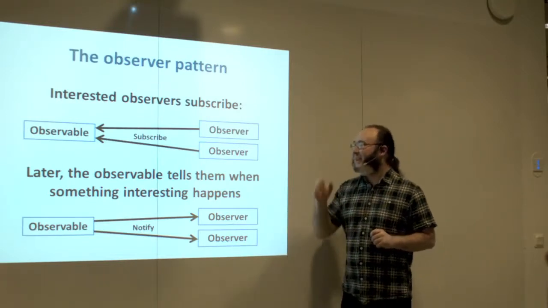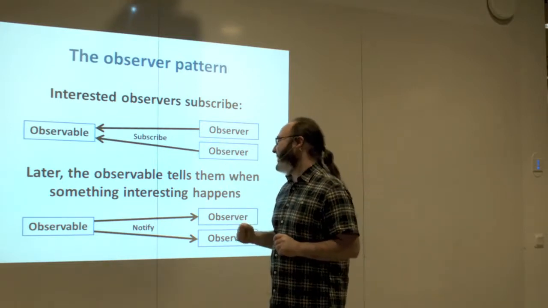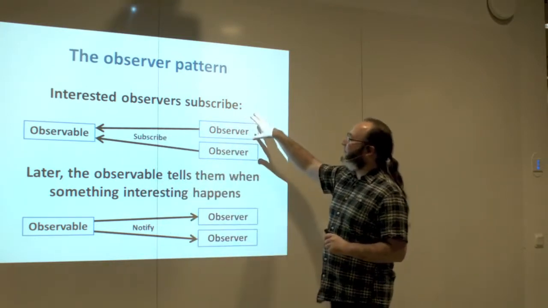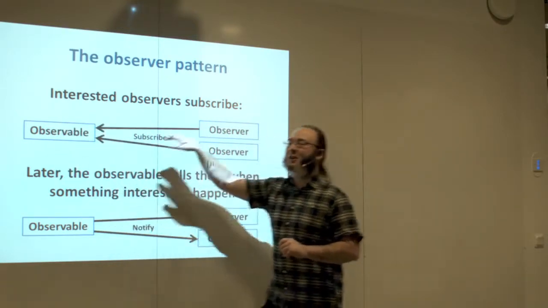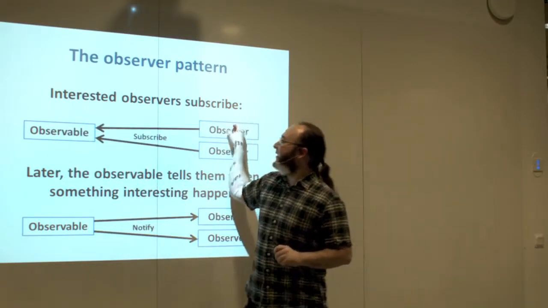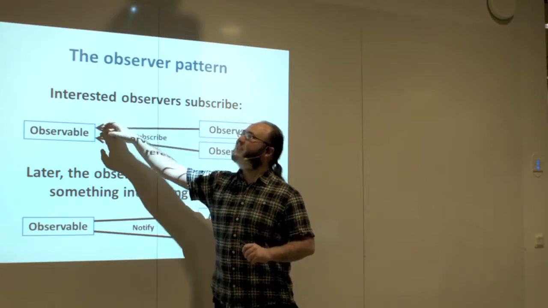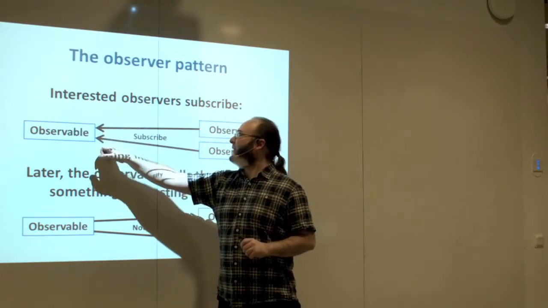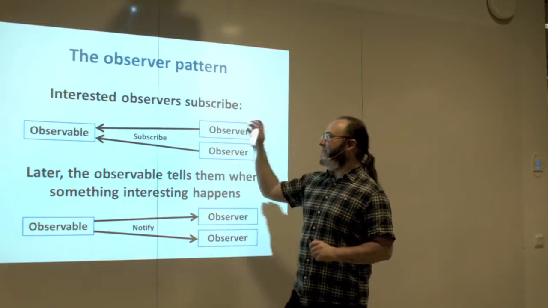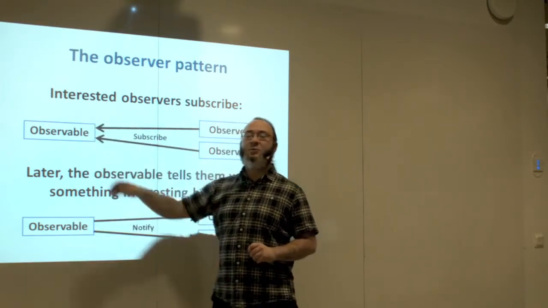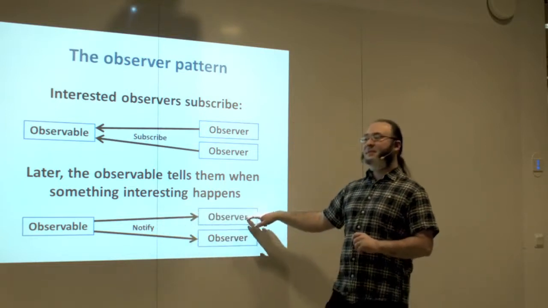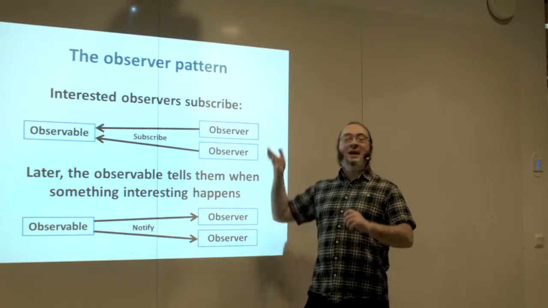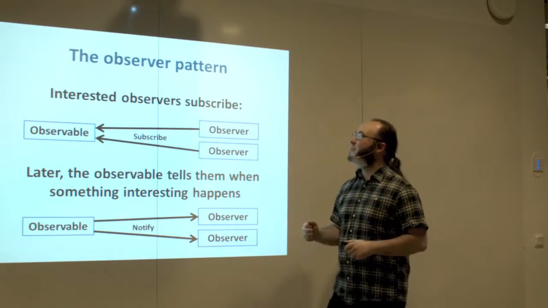The observer pattern is where we have an observable object, and the observers subscribe. They say, I'm interested in knowing stuff about you. Whenever something interesting happens in this object, it goes through its list of observers and notifies them that something happened.